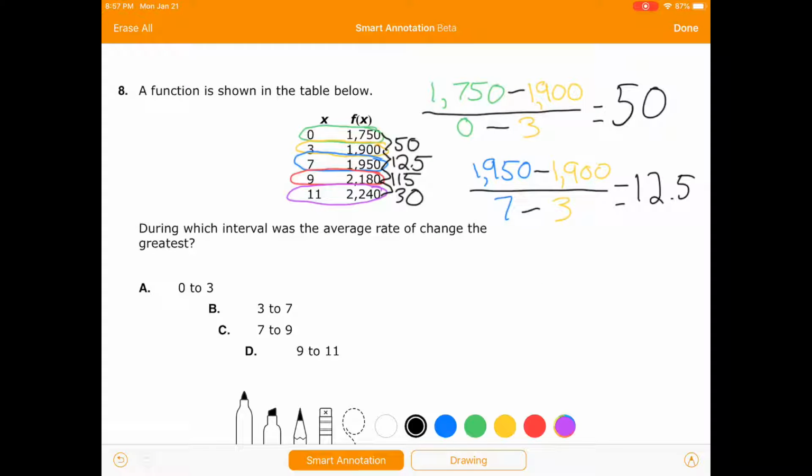If you don't believe me, please take the time to practice finding these rates of change. But the question asks, what is the greatest rate of change of these? And the answer is going to be this 115, in between the blue and the red, or the 7 and the 9. So our answer is C.